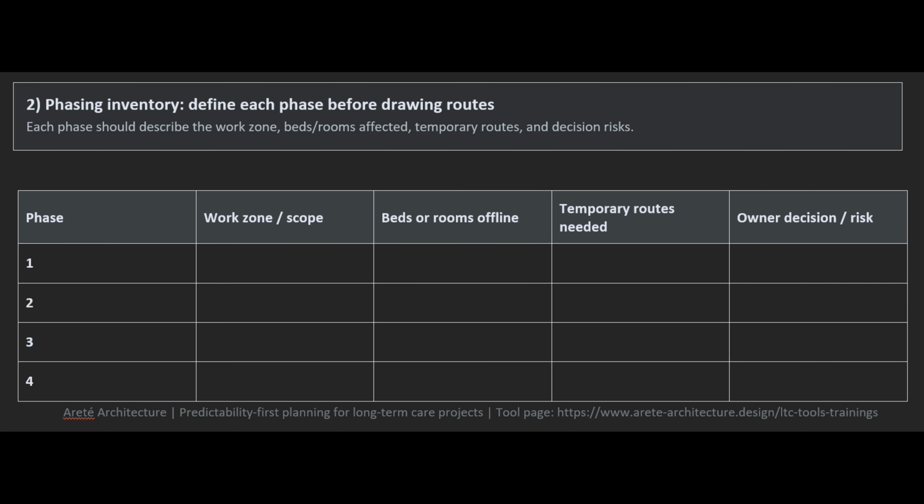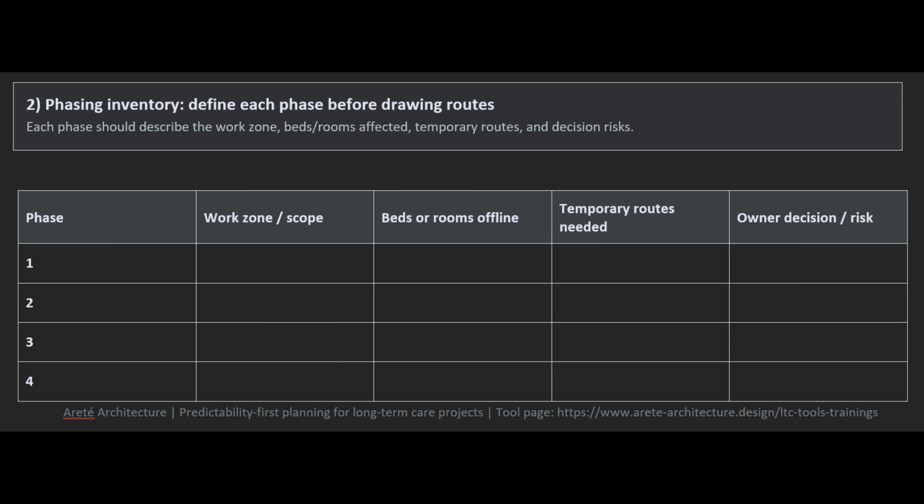Step 2 is the phasing inventory. For each phase, write the work zone and scope. Then write which beds or rooms go offline, if any. Then list the temporary routes needed for residents or patients, staff, visitors, services, clean supply, soiled return, and emergency response.